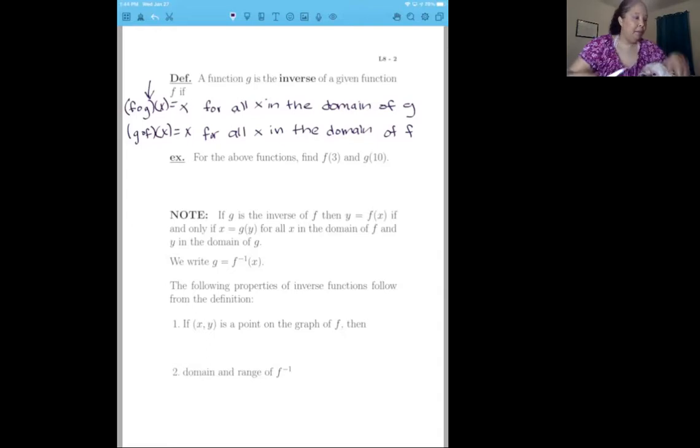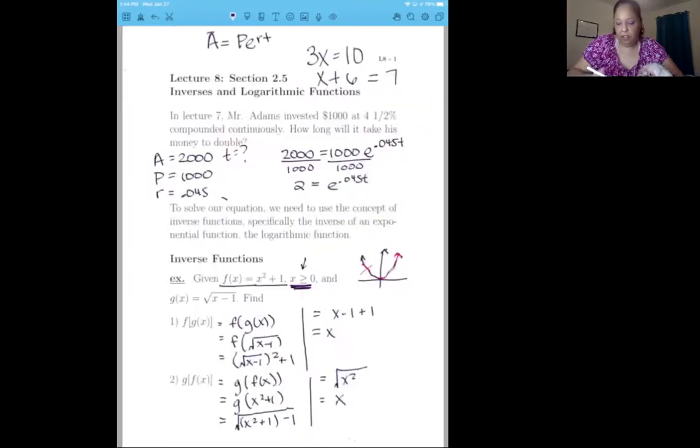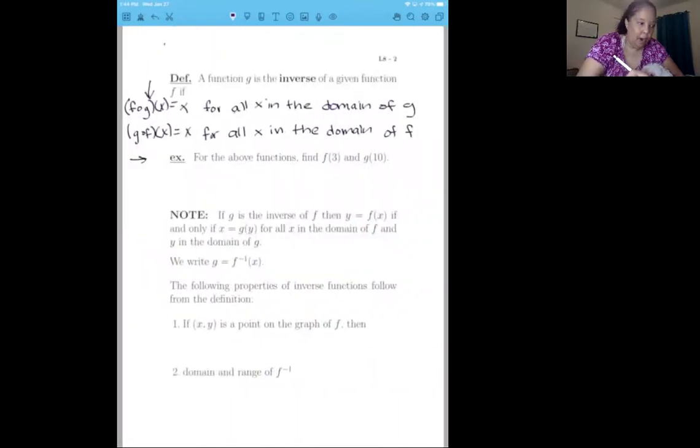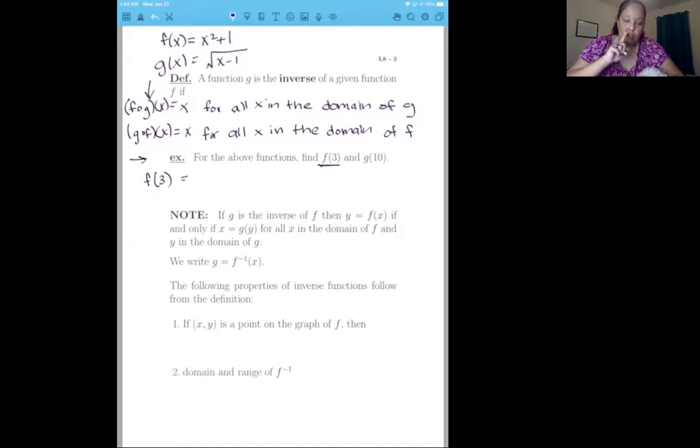Now, one thing I want to note here, for the above functions, which means these functions that we had here, let me rewrite them down. f of x equals x squared plus 1, and g of x equals the square root of x minus 1. Let's find f of 3. If I plug 3 into my function f, I get 10.